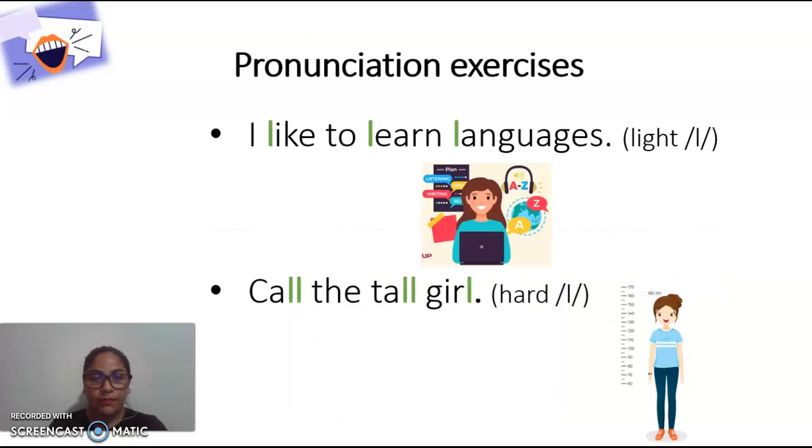Now, I have 2 exercises. In this exercise, listen to me, please. I like to learn language. Again, listen to me, please. I like to learn language. In this exercise, the sound is light.